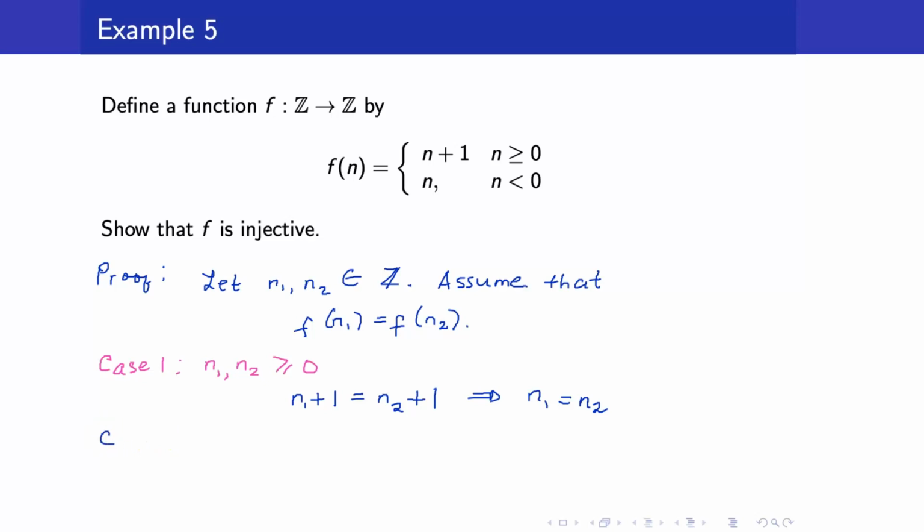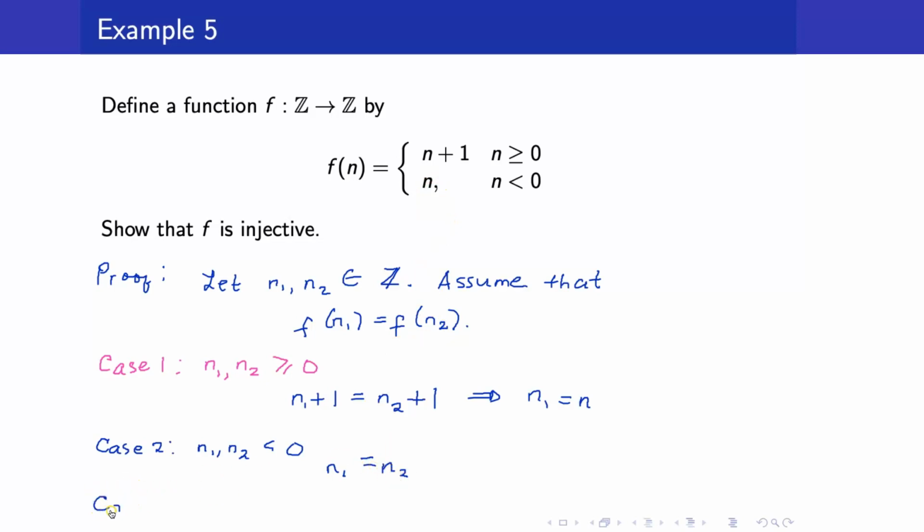For case 2, we assume that they are both negative. If they are both negative, then f of n1 is n1 and f of n2 is equal to n2. So we're done.